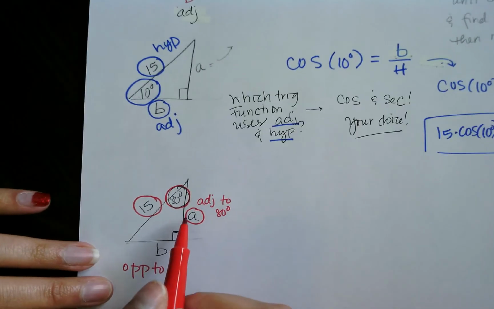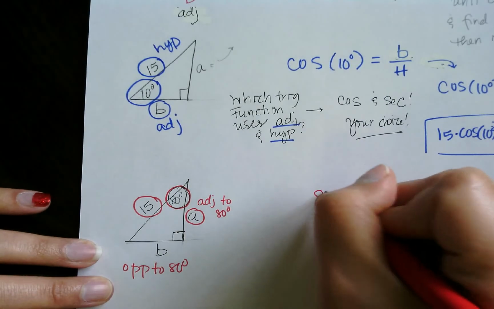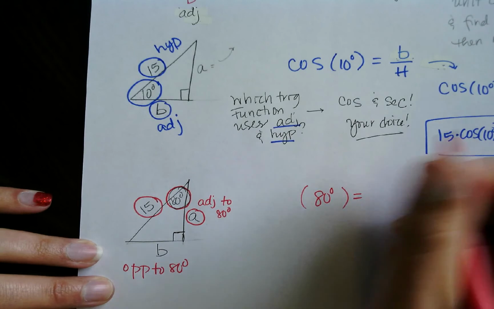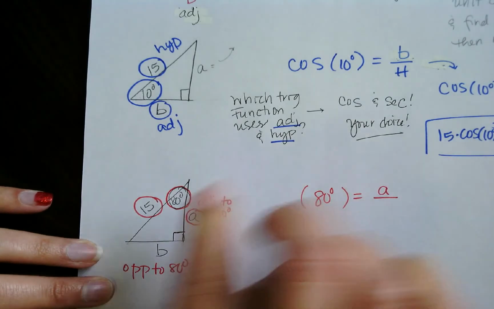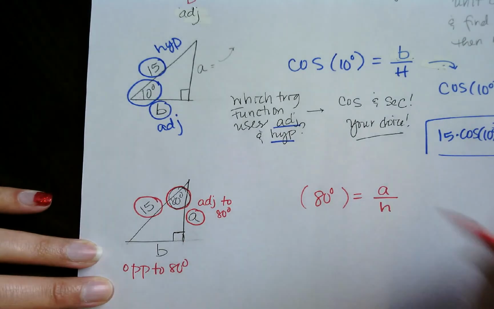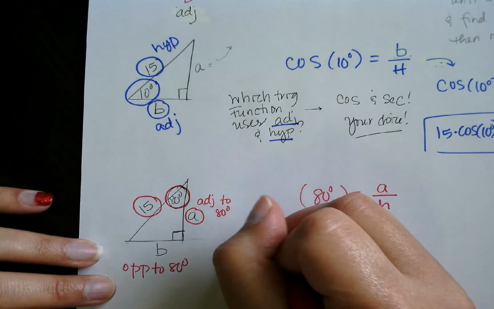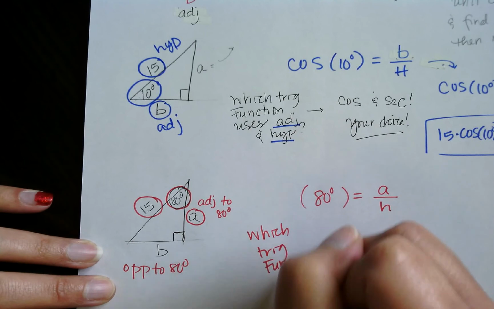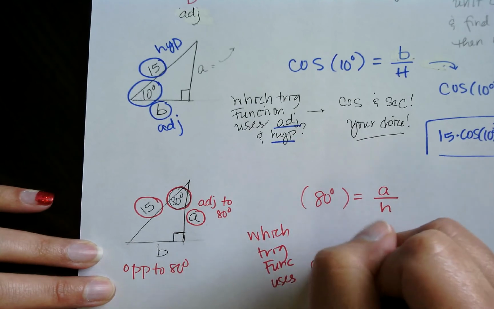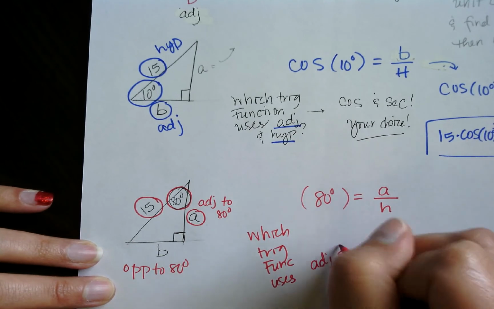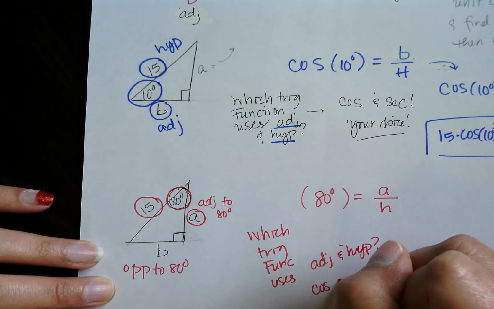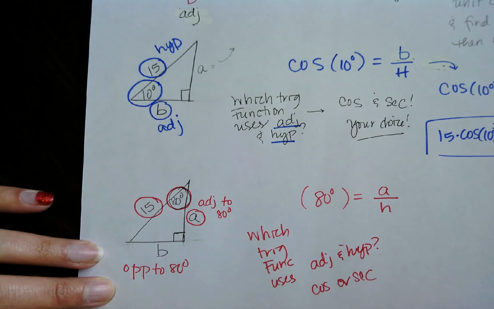Alright, so according to our 80 degrees, is equal to, we're using the adjacent side over the hypotenuse. So which trig function uses adjacent and hypotenuse? And you again would say cosine or secant.